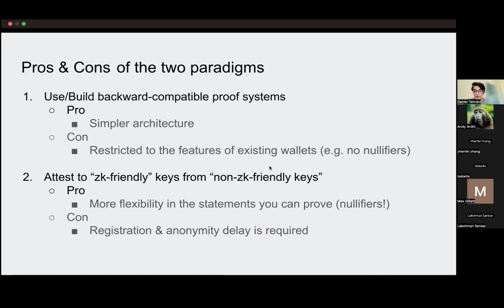Basically, if there's a latest update on the registry and also a proof submitted at a pretty similar timestamp, then those two can be related. So you need some kind of anonymity delay, and it will require a relatively more complicated architecture.